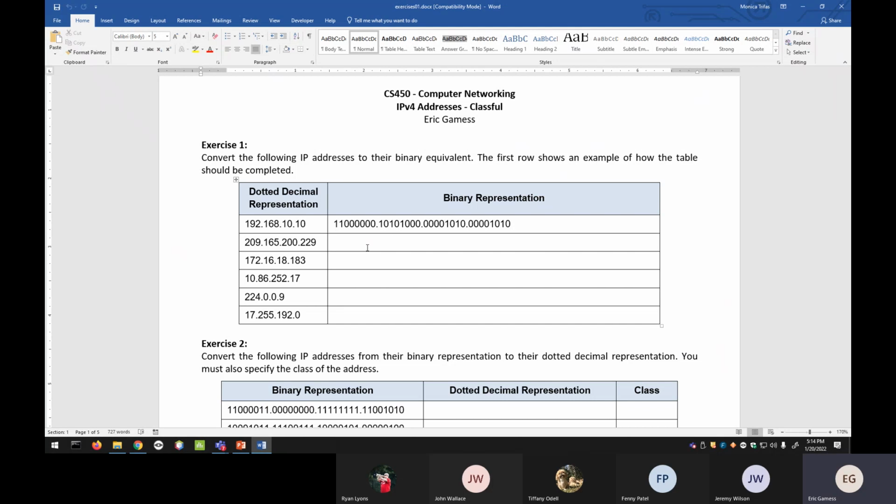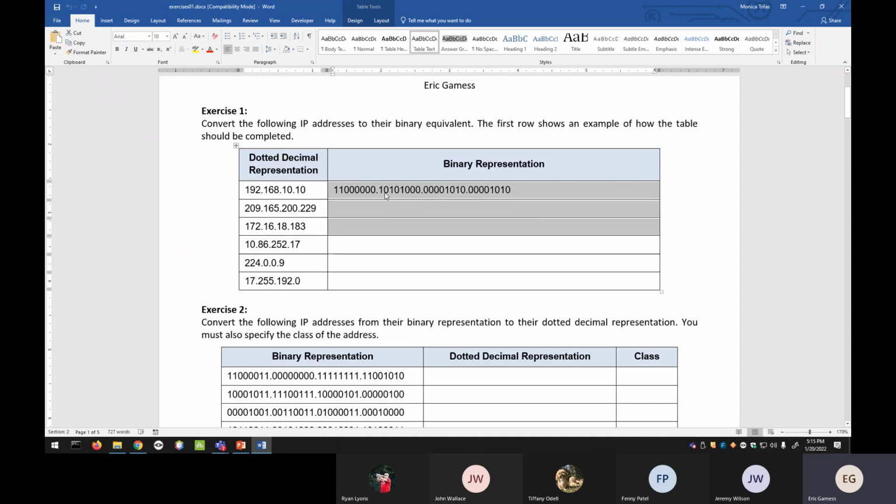So for example, if you give me this IP address, in dotted decimal representation, 192 is 11000000. 168 is 128 plus 32 plus 8. 128 plus 32 is 160, and 160 plus 8 is 168.